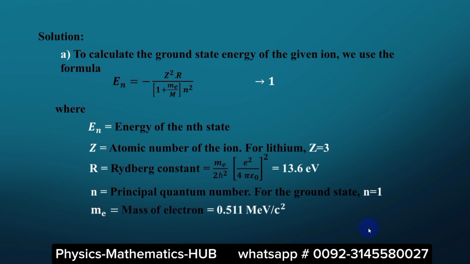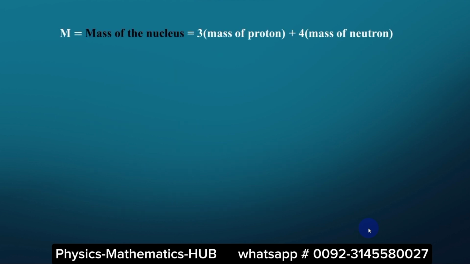Me is the mass of electron, which is equal to 0.511 mega electron volt per c square. The mass of the nucleus is equal to 3 multiplied by mass of proton plus 4 multiplied by mass of neutron, as the nucleus of lithium contains 3 protons and 4 neutrons.